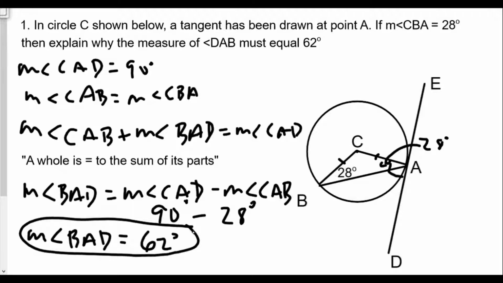We use our partition postulate, a whole is equal to the sum of its parts, so the measure of angle CAB plus the measure of angle BAD is equal to the measure of angle CAD. By subtracting both sides by the measure of angle CAB, we get the measure of angle BAD equals the measure of angle CAD minus the measure of angle CAB, or 90 minus 28. Okay, let's move on to question number 2.